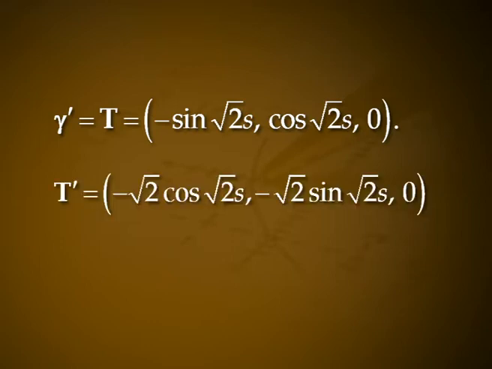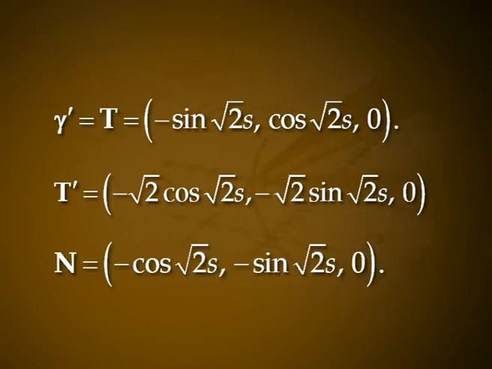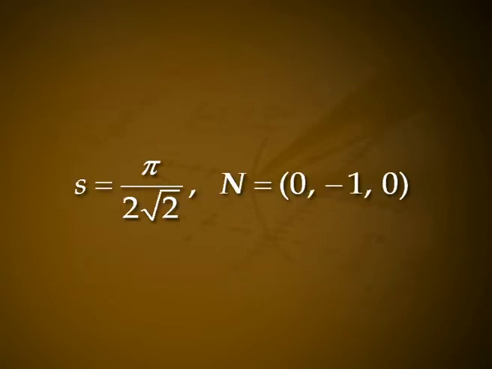T dash is equal to (minus root 2 cos root 2 s, minus root 2 sin root 2 s, 0). N is equal to (minus cos root 2 s, minus sin root 2 s, 0). At s equal to pi by 2 root 2, N is equal to (0, minus 1, 0).